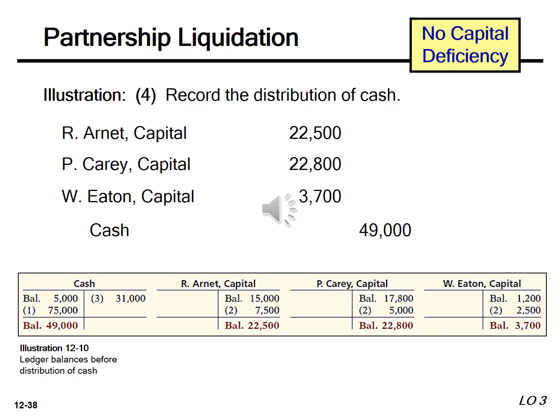And then for Carey's capital, he had a beginning balance of 17,800 on the credit side, and then he also received a further distribution of 5,000, where he took a third of the balance. And Eaton's capital, or the beginning balance on Eaton's capital, was 1,200, and then he also received 2,500.